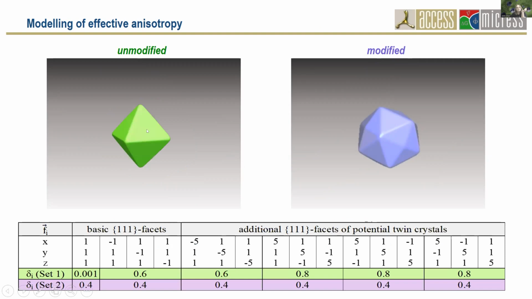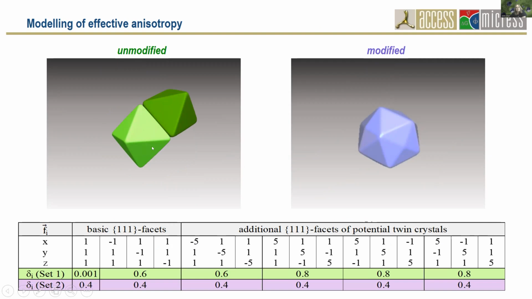So the single crystal of the silicon grows with 111 facets. So we have here the set of 111 facets, and now we can have twins, and theoretically we can have twins in all these directions.